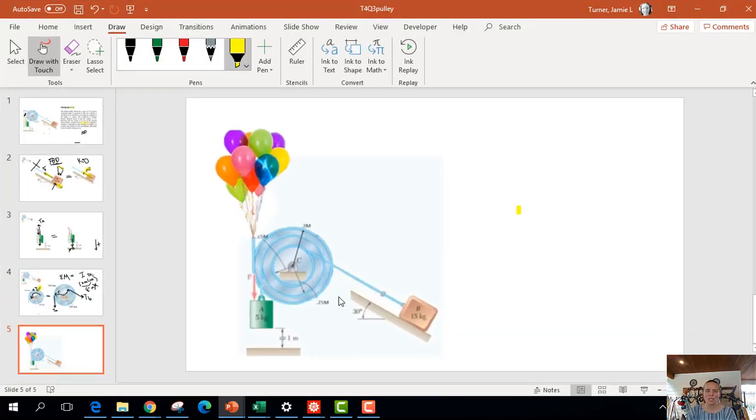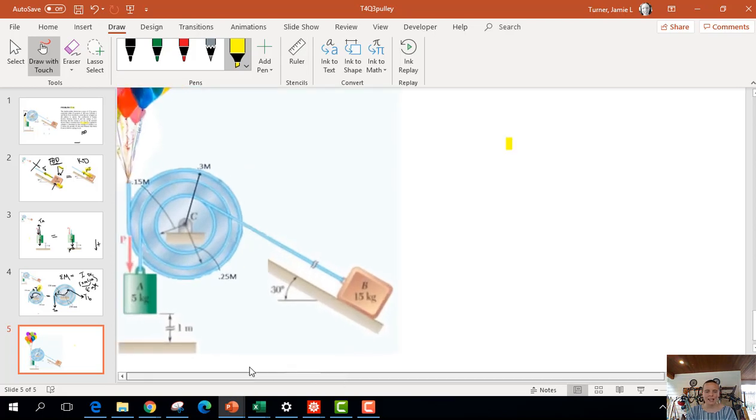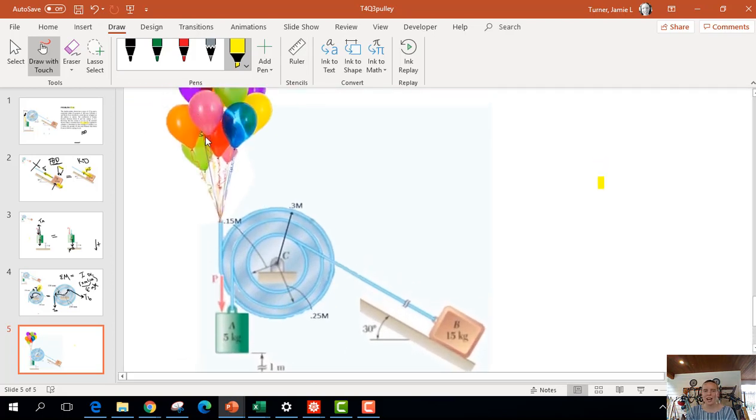So if you add another pulley onto this, and the force on this guy is balloons, so we'll say that the weight of the balloons is negligible and all they're doing is pulling up. So any kind of 1/2 mv squared, they don't have an m. So don't worry about their 1/2 mv squared.